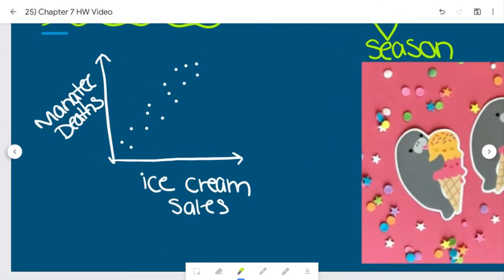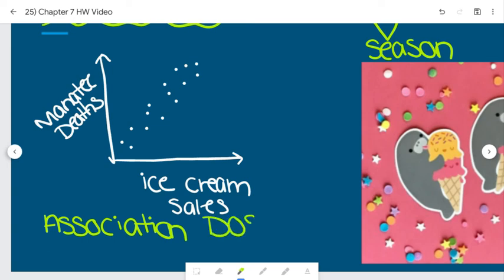Our association, whether it be strong or weak or anything in between, association does not imply causation.